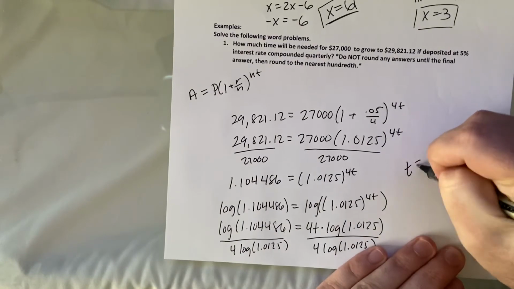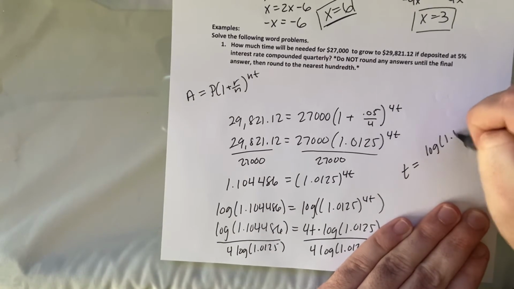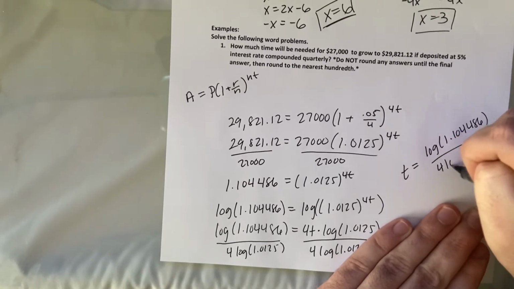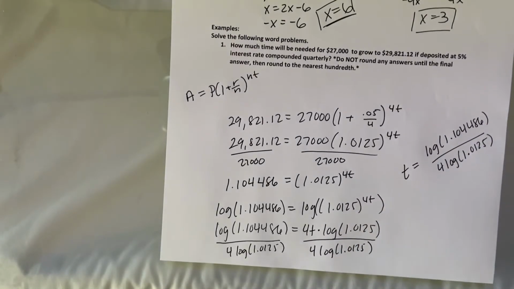So we get t equals the log of 1.104486 over 4 times the log of 1.0125. And from here, it would be a calculator. So let's see, log of 1.104486 divided by 4 times the log of 1.0125.